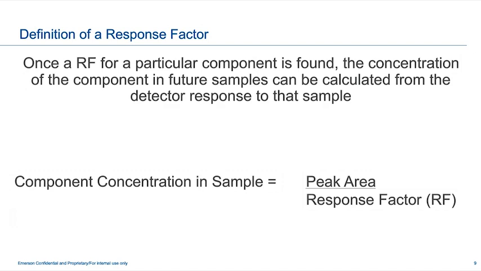So reconfiguring that formulation, response factor is peak area over calibration concentration, because response factors are inherent to the material. If we change that around, we can get the component concentration in an unknown sample by taking the peak area, which we'll get from the GC, divided by that calculated response factor from the calibration.